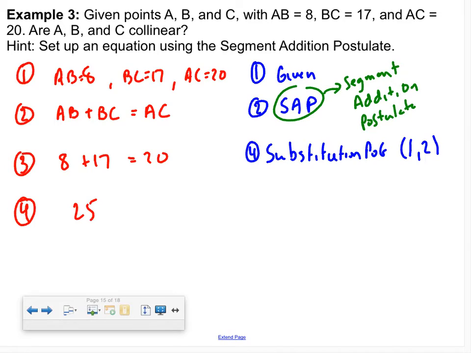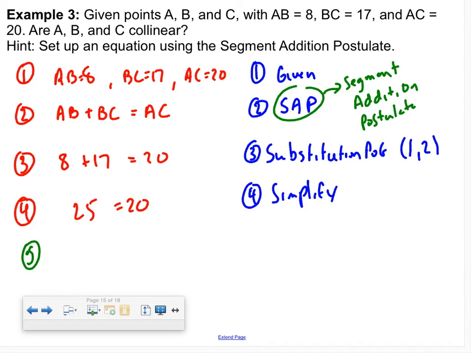Clean it up. So we simplified. Oops, the wrong number up here. That should have been a 3. Here's 4. So simplify. And then what happens is a contradiction occurs.